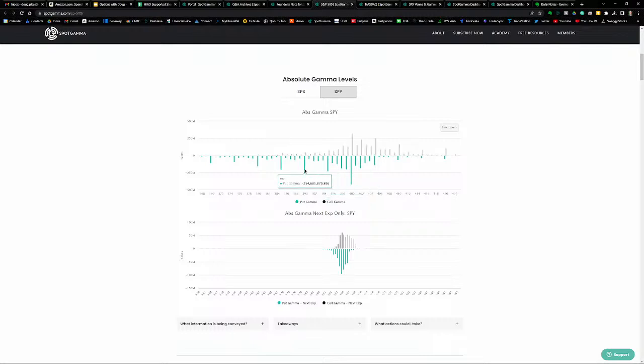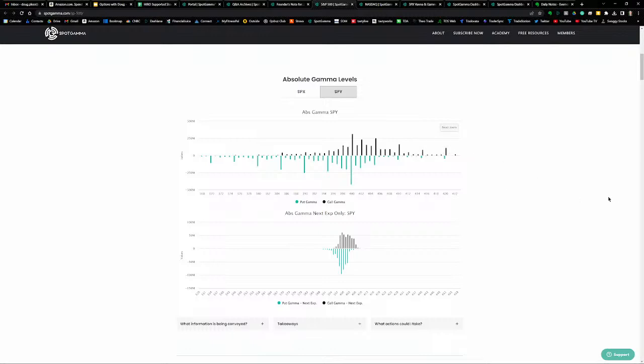The put wall at 390. And then now the call wall has moved up to 405. Put wall support and call wall resistance, and then this key gamma strike 400 can act as support, resistance, or a magnet for price.